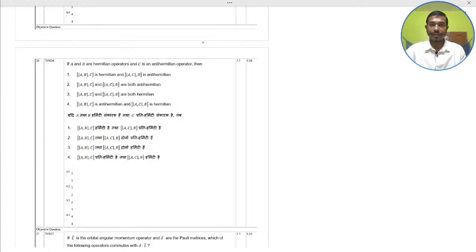The commutation of [A, B] with C dagger. So it would be equal to C dagger [A, B] commutation.